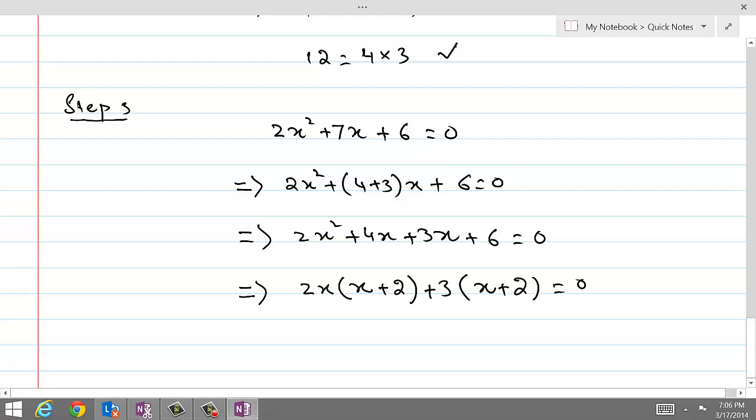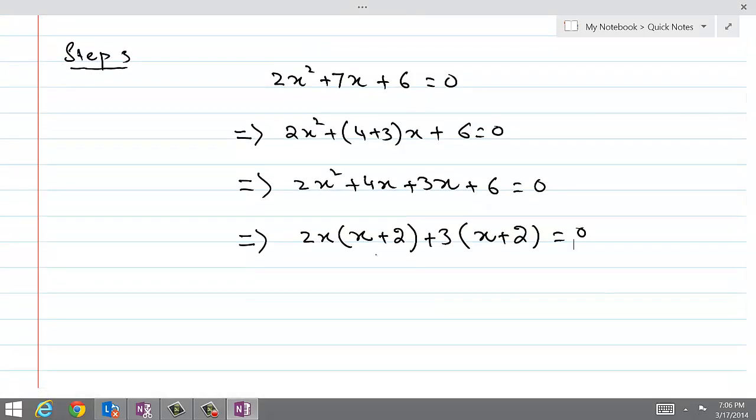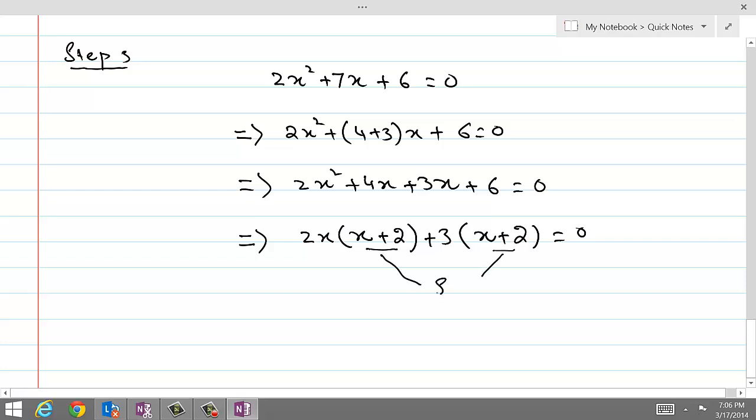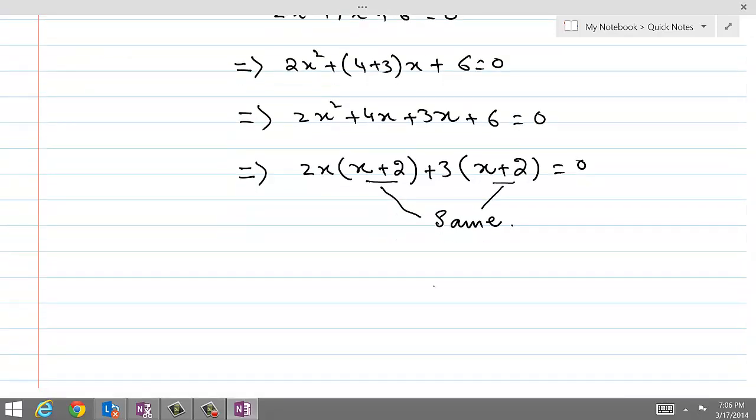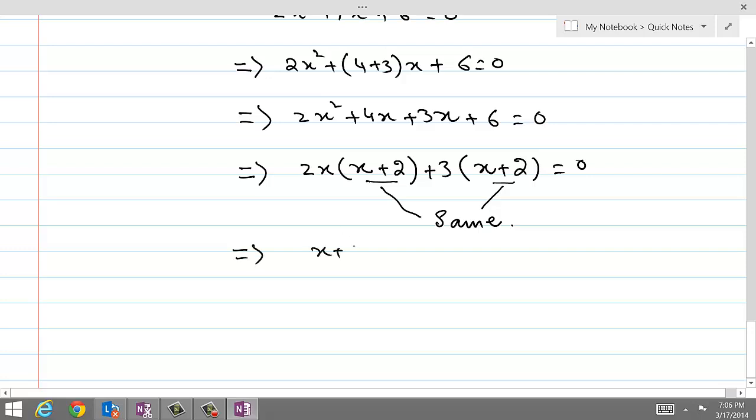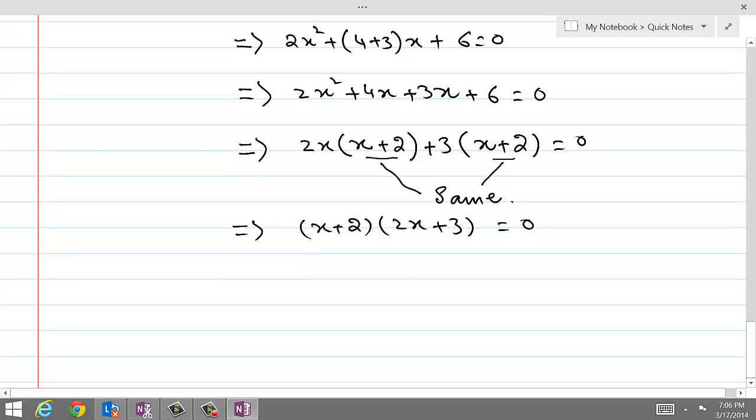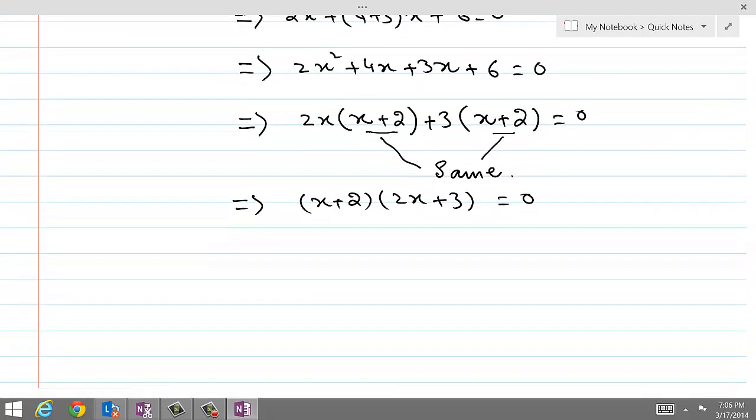This is a good checkpoint. We have done everything right so far. These are the same, so we take this as common, leaving inside x plus 2 times 2x plus 3 equal to 0, because these are the two factors of the given expression on the left hand side of the equation.